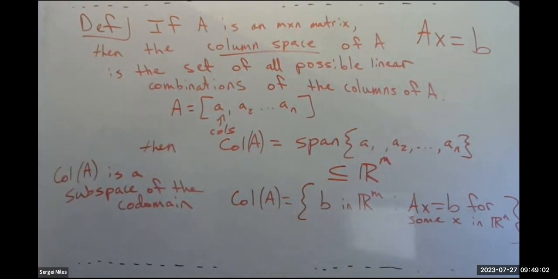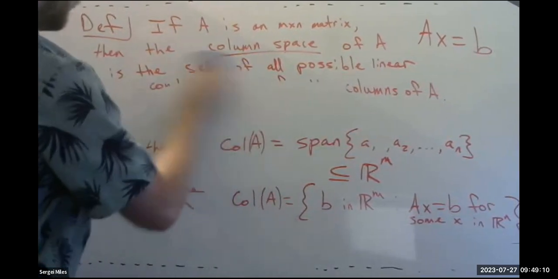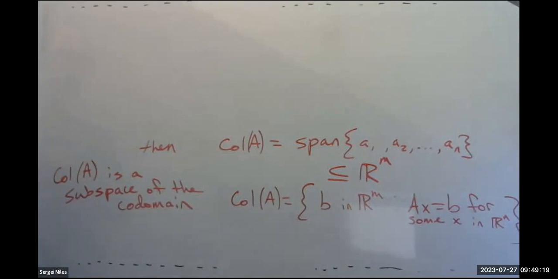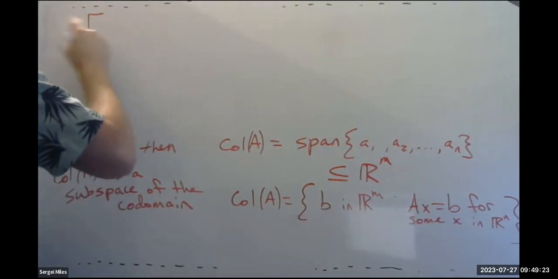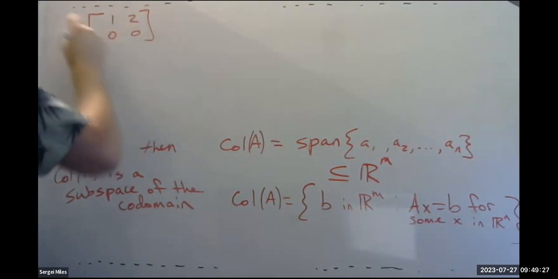But before I get more into that, actually, let's go ahead and talk about this. Let me make some space. So what do I mean by we can throw out the dependent vectors? Well, first of all, let's suppose my matrix A is 1, 0, 2, 0.